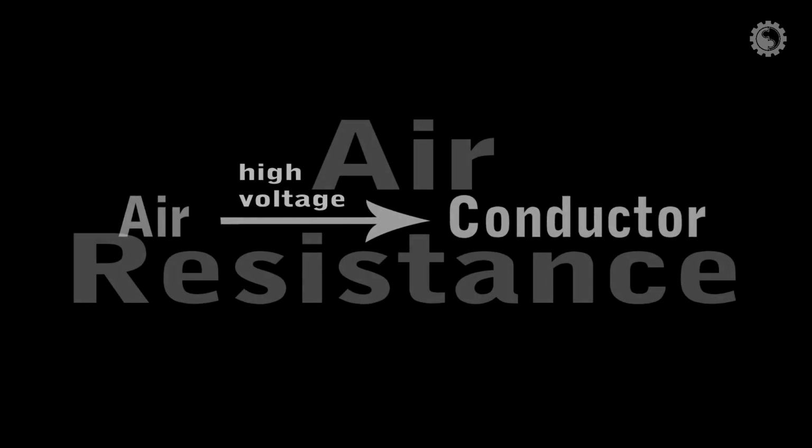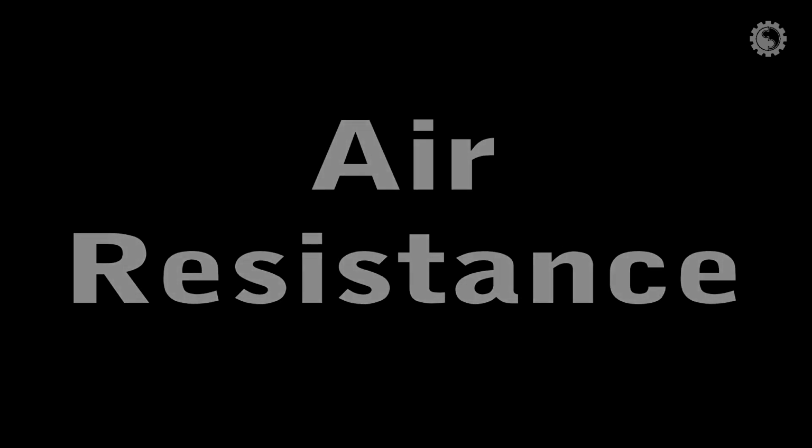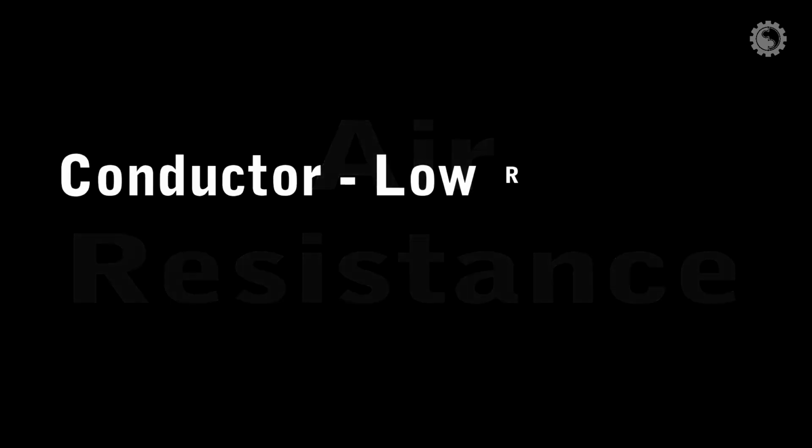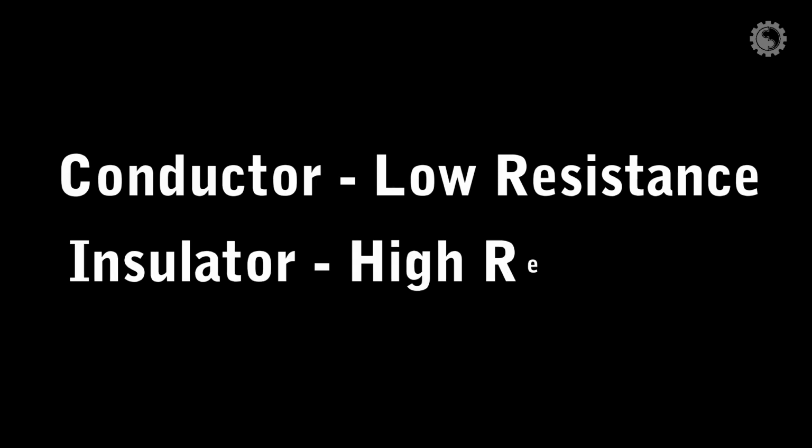So, air is resistant to the flow of electricity, and this is how we get to the idea of electrical resistance. Now, we understand through this: the conductors have a low resistance and the insulators have a high resistance.